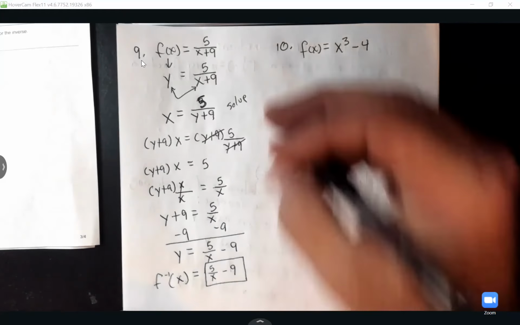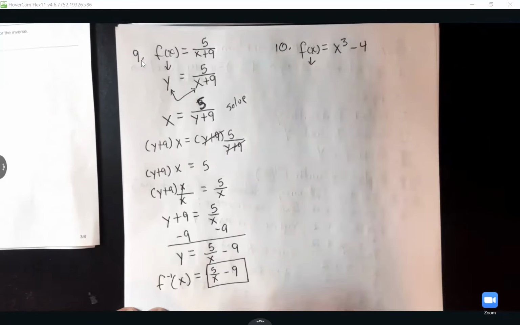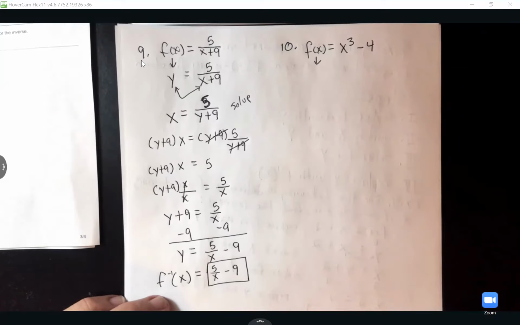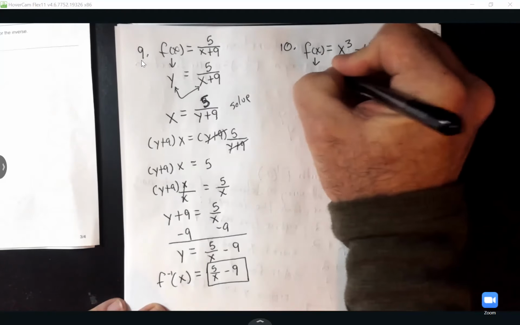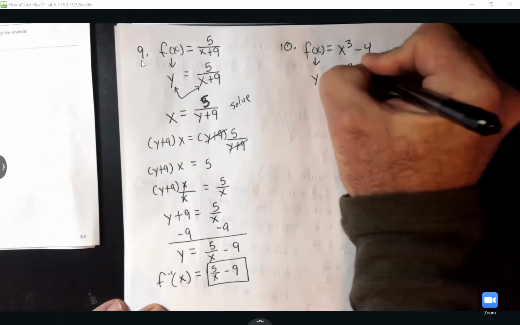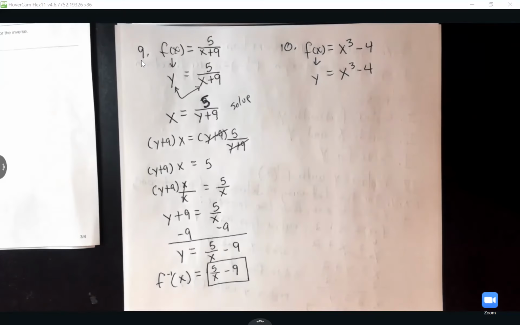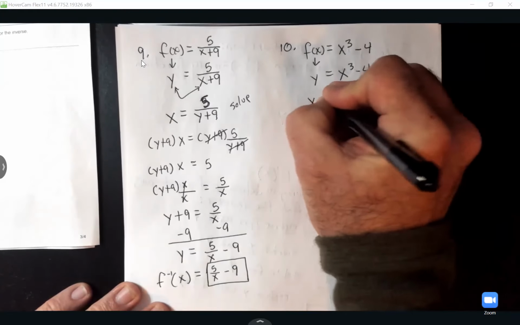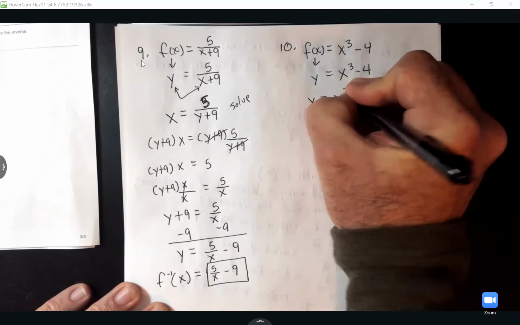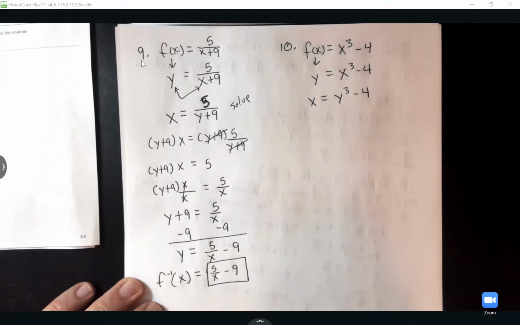So since it's one-to-one, I'm going to replace that f of x with a y. Then we swap that x and y, so you get x equals y to the third minus 4.